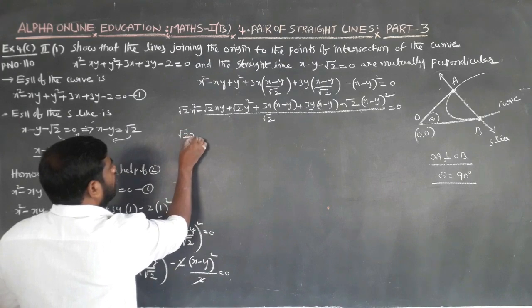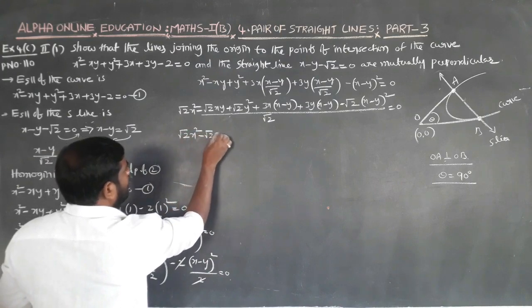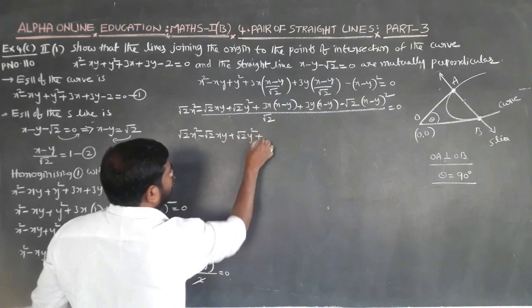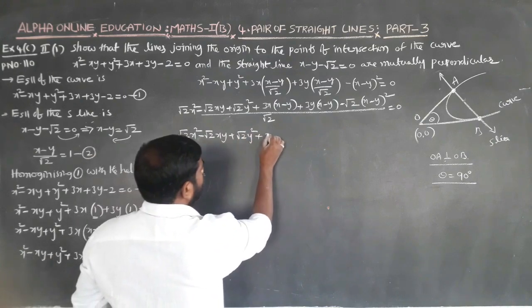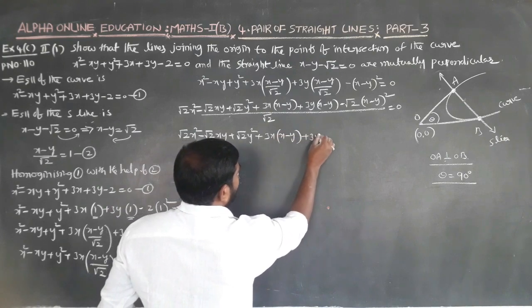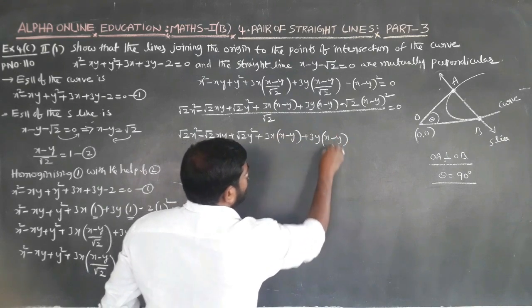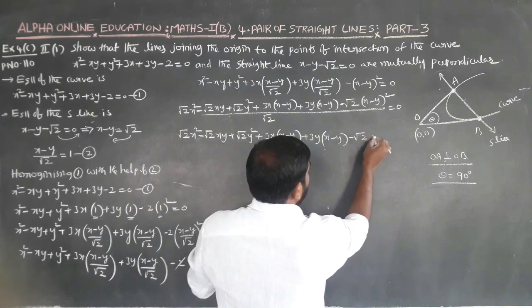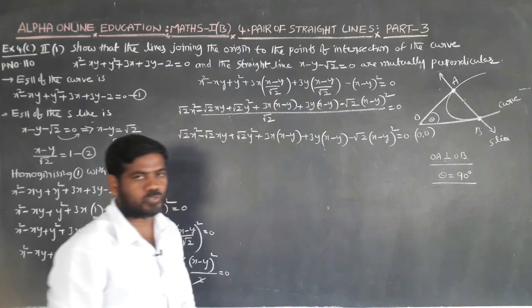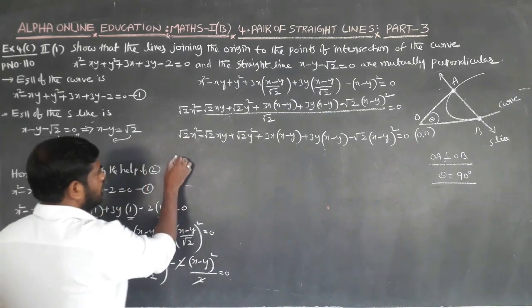So root 2x square minus root 2xy plus root 2y square plus 3x into x minus y plus 3y into x minus y minus root 2 into x minus y whole square is equal to 0.